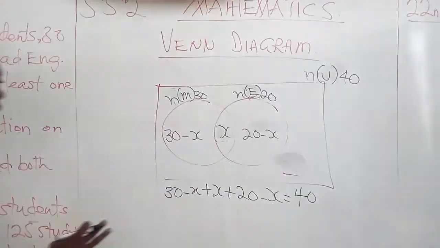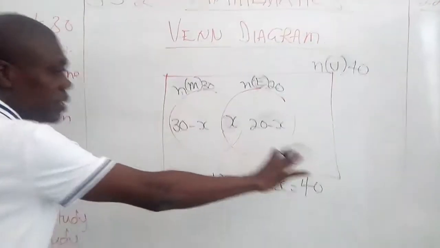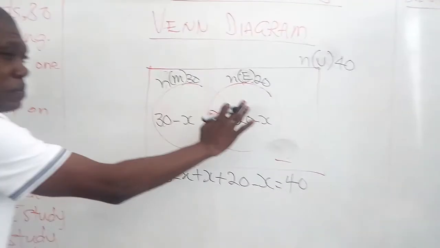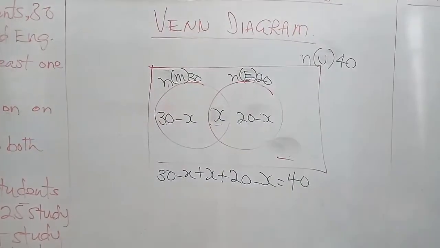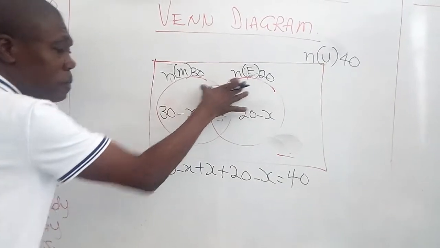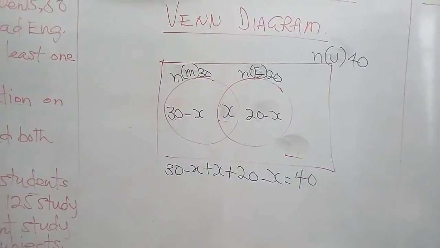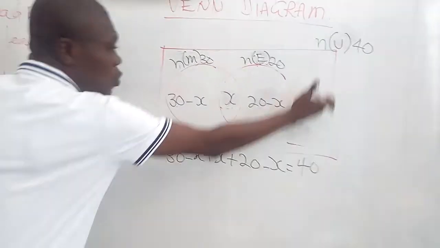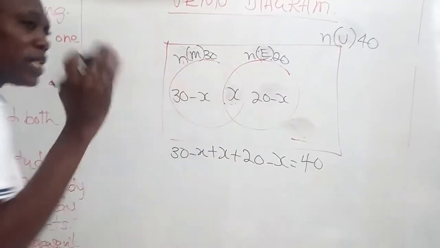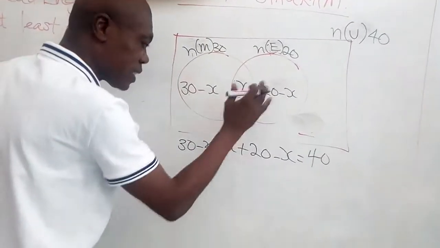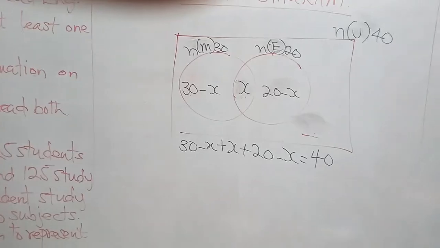But with the Venn diagram, the moment you represent all this information on the diagram, you get half of the mark. If the whole thing is supposed to be 10, drawing only the Venn diagram gives you 5, and the rest of the marks is awarded for the generation of the equation.